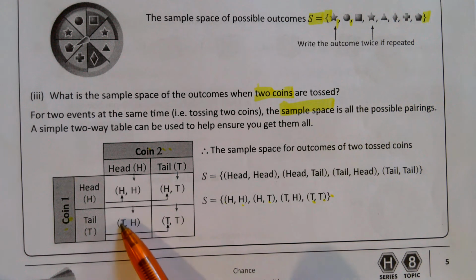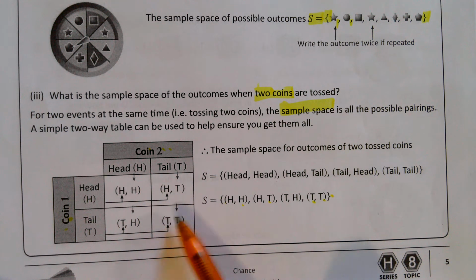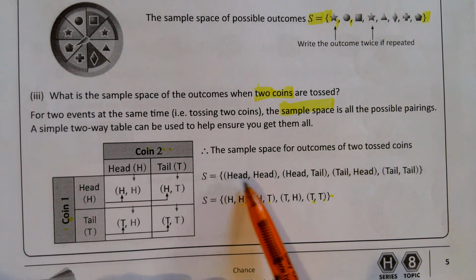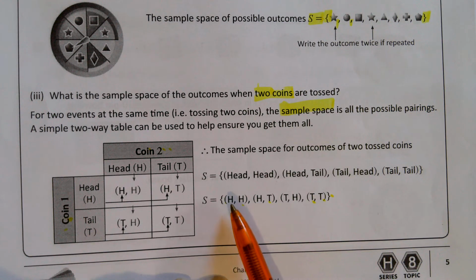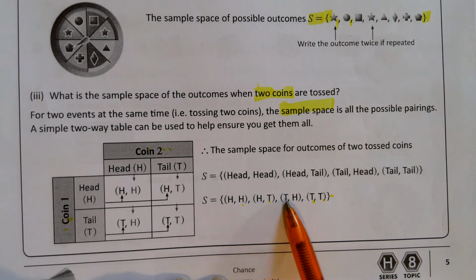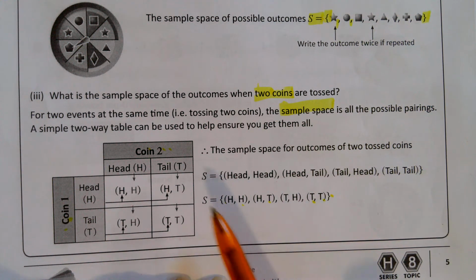You might have the tail first then the head, or the 2 tails. And writing it out takes a while, so we accept putting just the capital. So 2 heads, head tail, tail head, 2 tails, straight from this table.